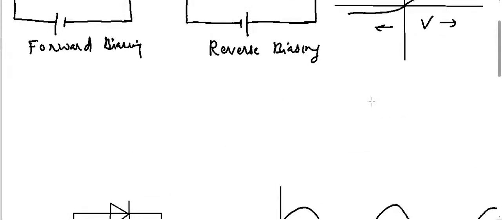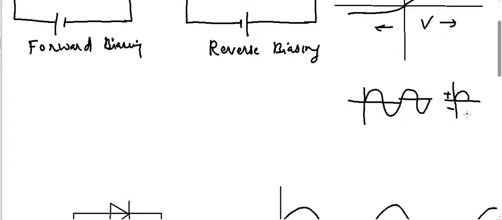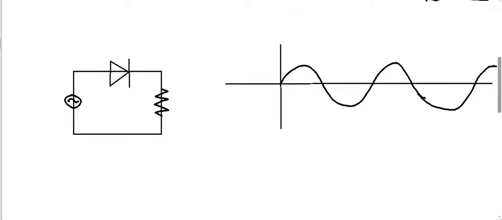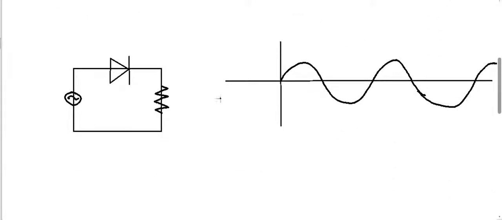Rectification is converting an AC current, where the sign changes continuously from plus to minus, then plus to minus, into a current that is only positive or only negative. It might be constantly positive or constantly negative, but it cannot change sign. We don't want the polarity to be reversed, and that is called rectification. So let us see how a diode can be used for rectification.